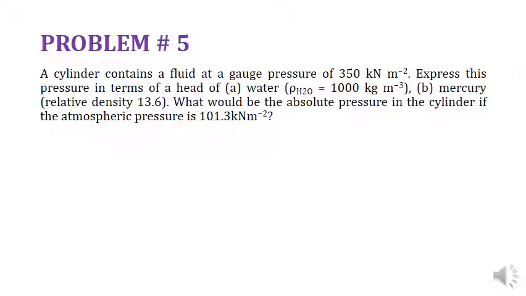This is very simple, like your first or second problem, in which the pressure and density are given and you need to determine the pressure head for water and mercury. You need to solve this by yourself. The solution is given here: 35.67 meters of water and 2.62 meters of mercury. Keeping the pressure intensity the same, you use the same hydrostatic law to determine the heads for water and for mercury.